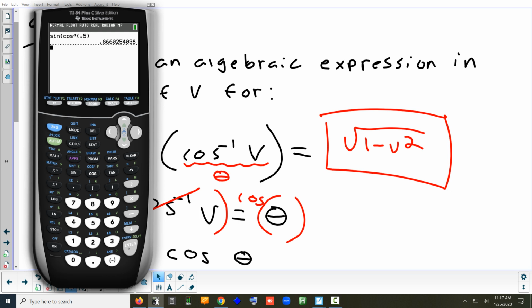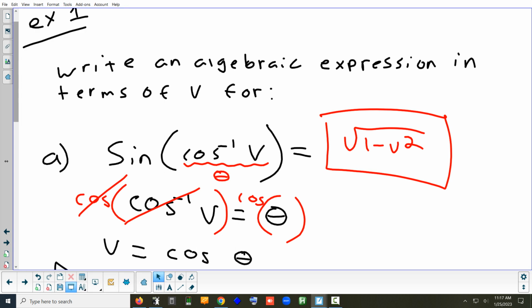And that's what you get. 0.866. Now, let's plug it in here. Let's take the square root of 1 minus 0.5 squared. And you get exactly the same thing. So what we basically did is we converted a formula that had trig into something that didn't have trig.